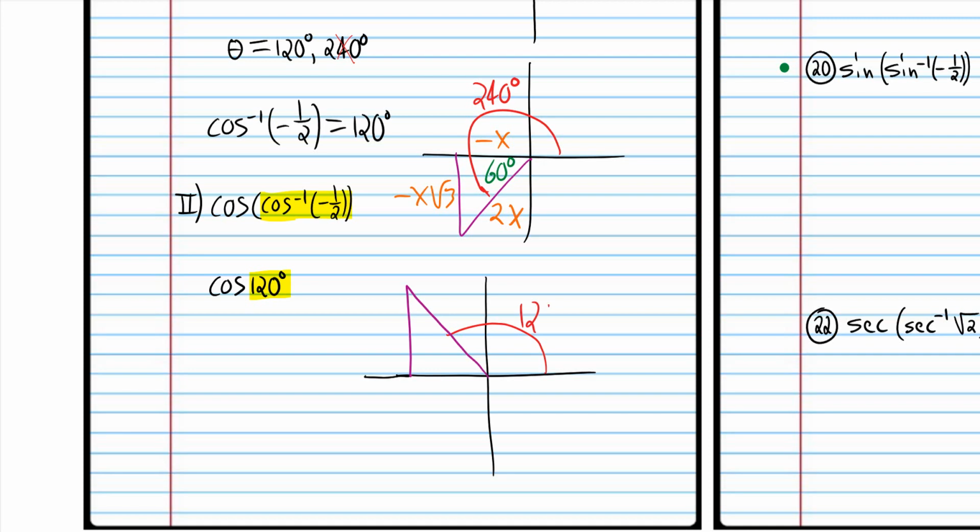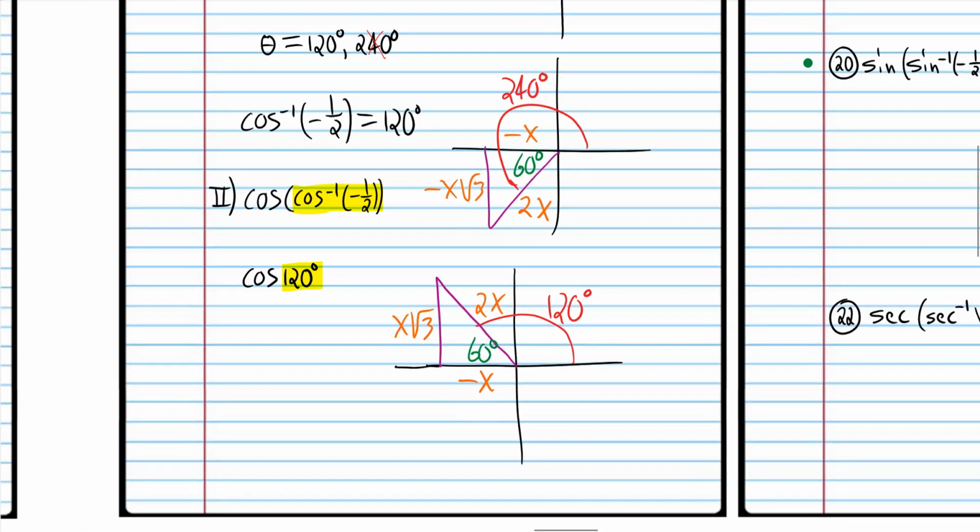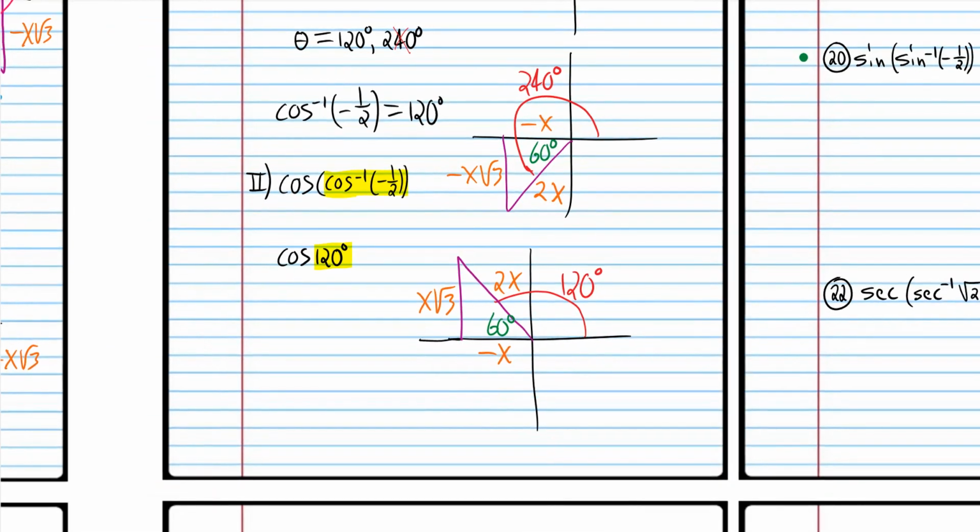And of course the reference angle is 180 minus 120, which is 60 degrees. The side opposite 60 degrees is always x root 3. So it's a 30, 60, 90 degree triangle, and cosine is the adjacent side divided by the hypotenuse. X's cancel out, we get negative 1/2.